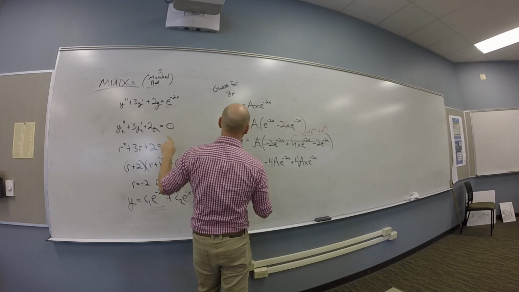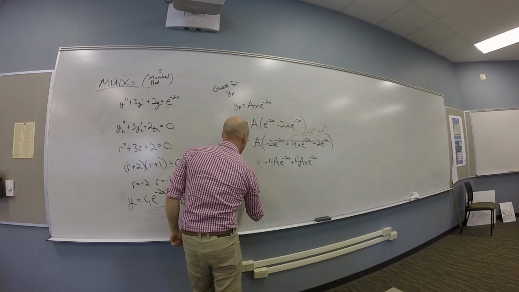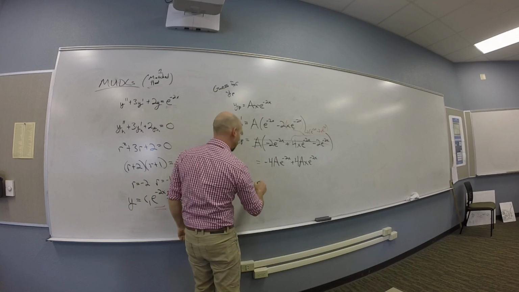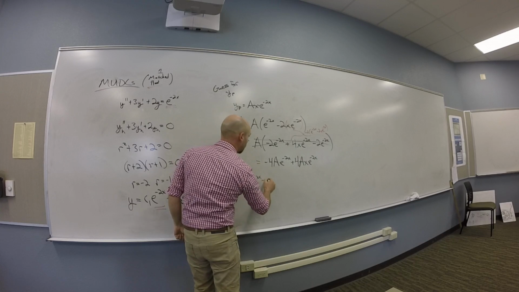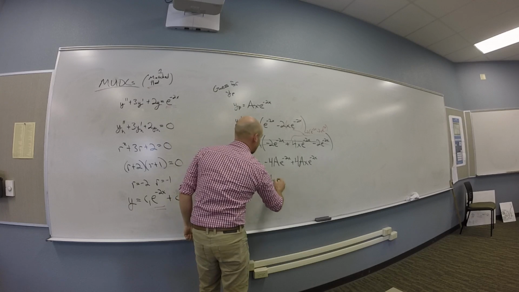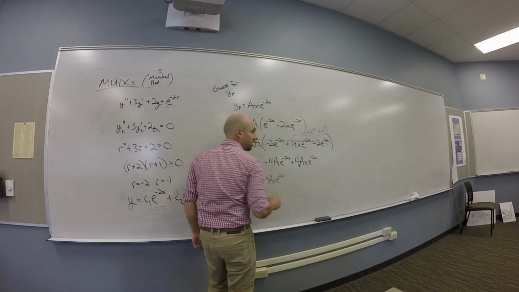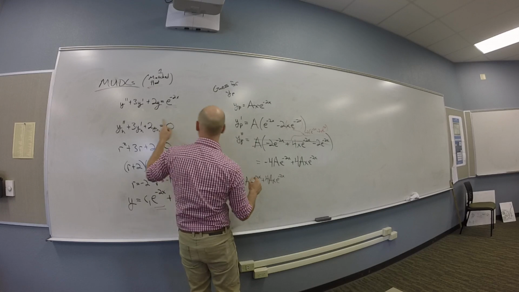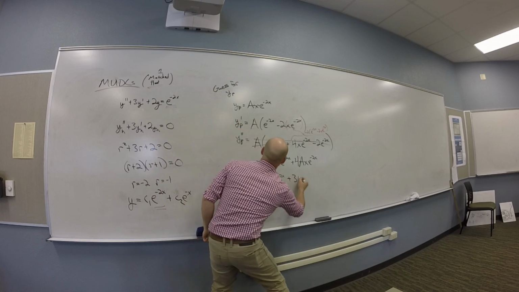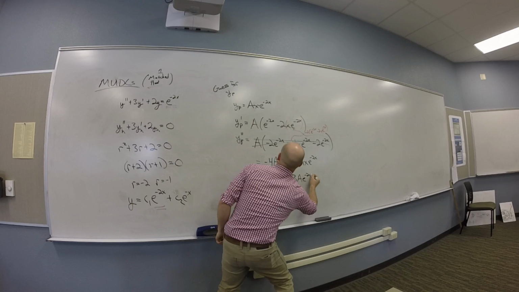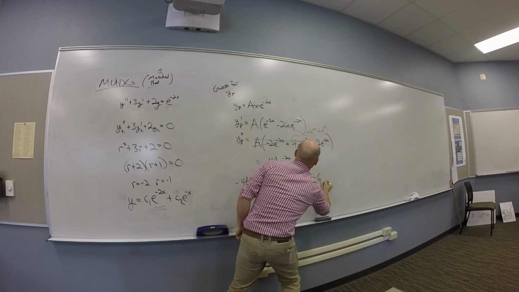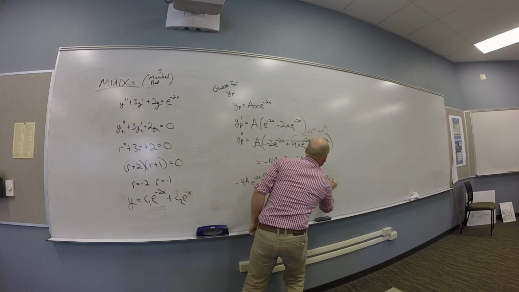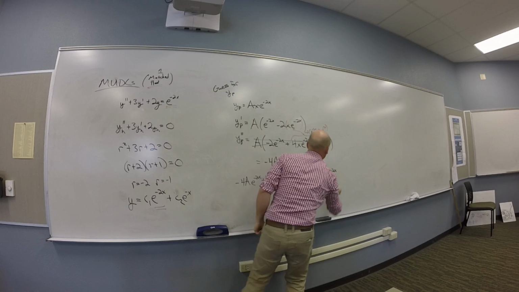So I have in my original equation a y double prime. So I got minus 4a e to the minus 2x plus 4ax e to the minus 2x. Right? And then I have a plus 3a e to the minus 2x minus 6ax e to the minus 2x.